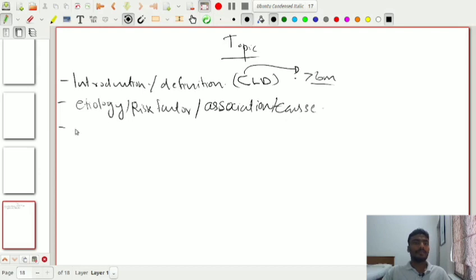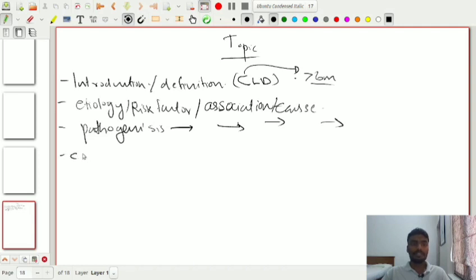Then the heading is pathogenesis. It can be 1 or 2 sentences, but preferably it is given more weightage for second year students. You have to represent it by flow charts. Okay, so that is the scheme of writing.